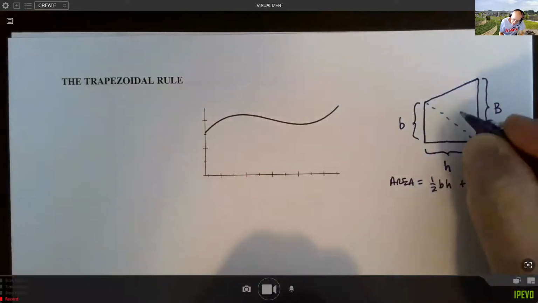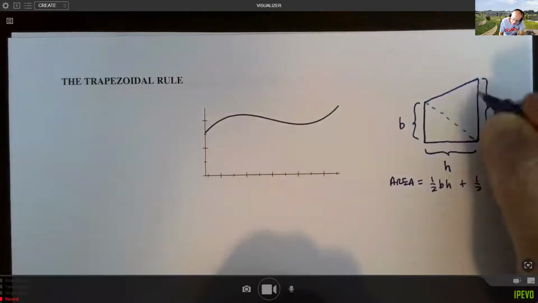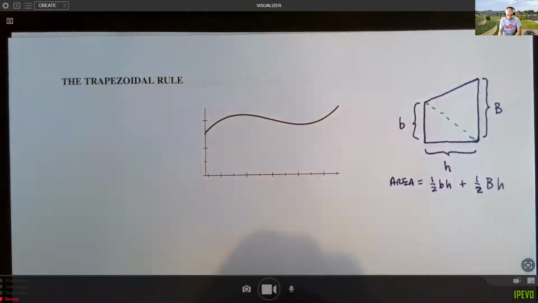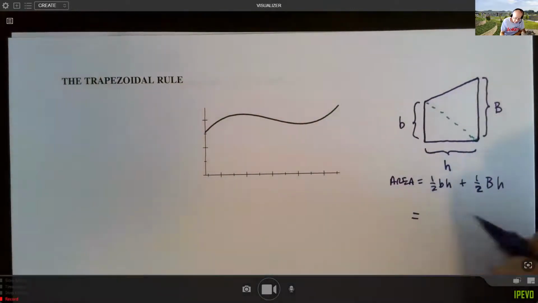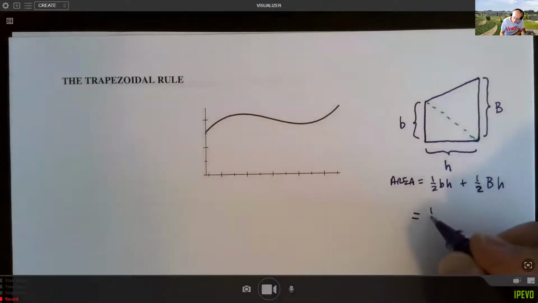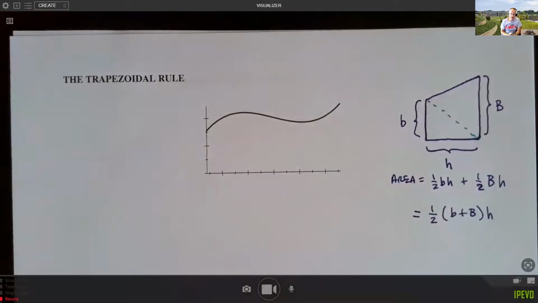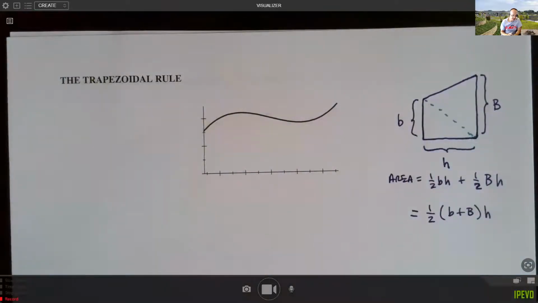And the area of this one up here is 1/2 big base B times height h, right? And factoring out, a lot of times it's written this way, you can factor out the 1/2 and the h, and you get this formula. That's the formula for the area of a trapezoid with the dimensions as indicated on the diagram.